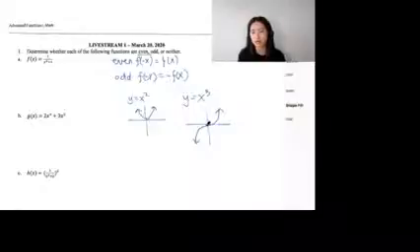When you rotate this 180 degrees, from here to here, you'll see that your function remains unchanged. So that's the difference between even and odd functions, and that's why you have this positive sign here versus the negative sign here.